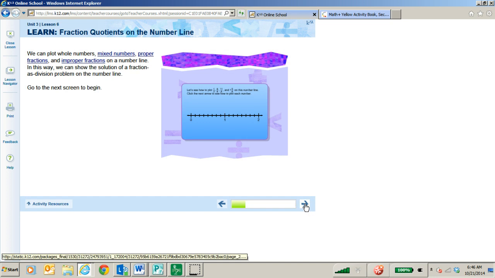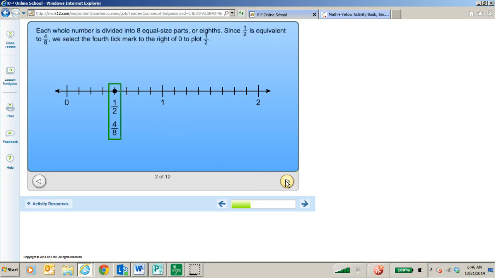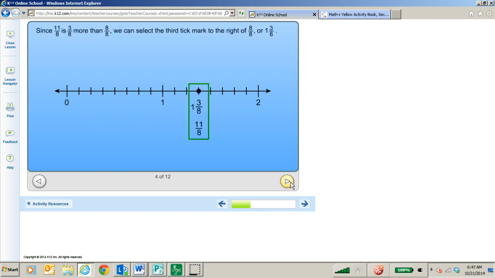You will also have fractions on a number line. This activity is really beneficial, and it relates back to some of the things that your child may have learned in 3rd or 4th grade as far as where numbers go on a number line. After they model and show that things can be represented in different ways, so 1 is the same as 8 eighths, and show some other models of equivalent fractions, you will have the opportunity to place some fractions on your own.